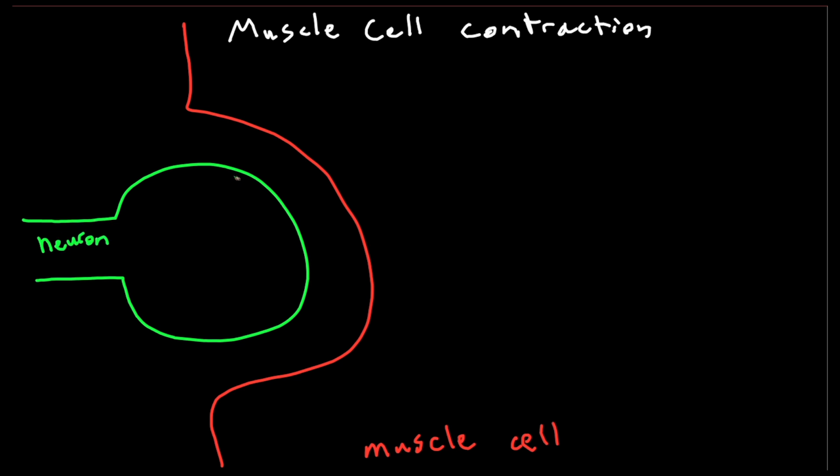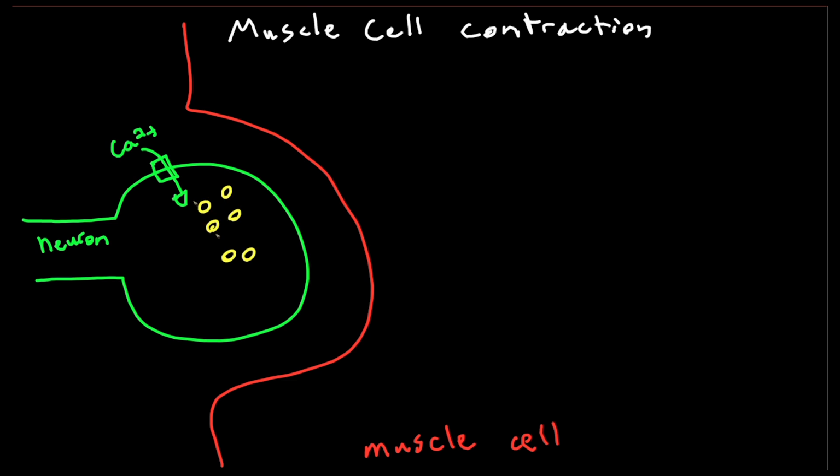Now, first thing that will happen is an action potential will come through here, right? And this will get depolarized. And like a classic neuron, calcium will shoot through here. And what you'll have here waiting on the other side is some presynaptic vesicles.